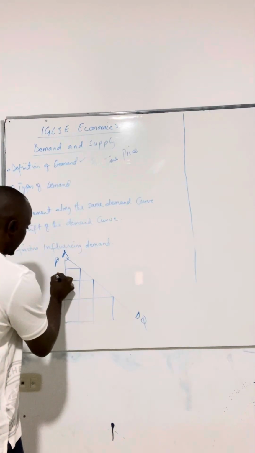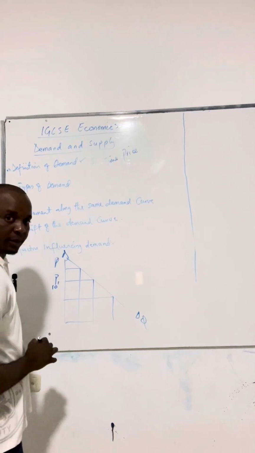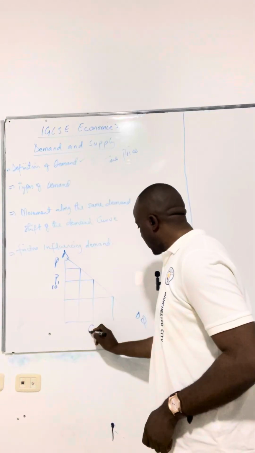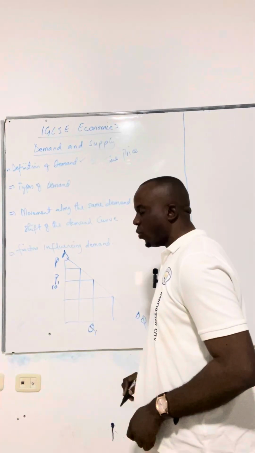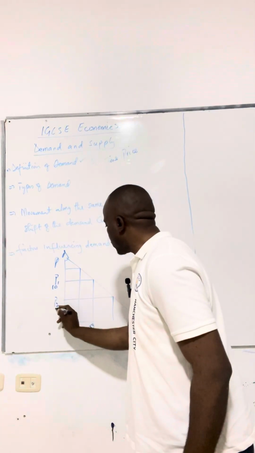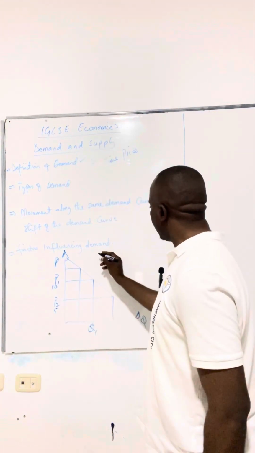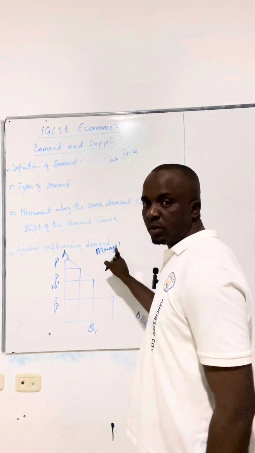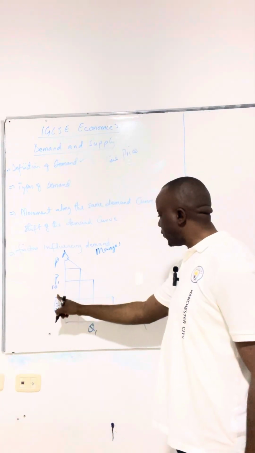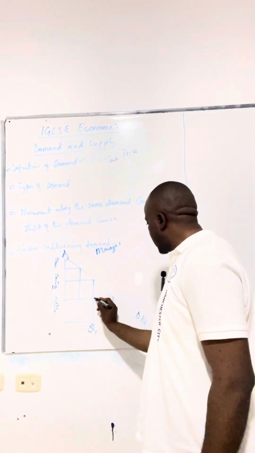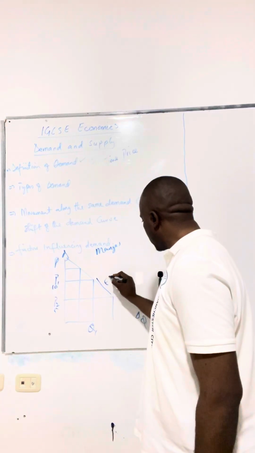For example, if this is P1, for example, $10, the quantity demanded stands here. So this is supposed to be Q1. But if the price falls to P2, price falls to $5, for example, this is the demand curve for mangoes. So if the price falls from $10 to $5, the quantity demanded increases, it moves. They call it extension.